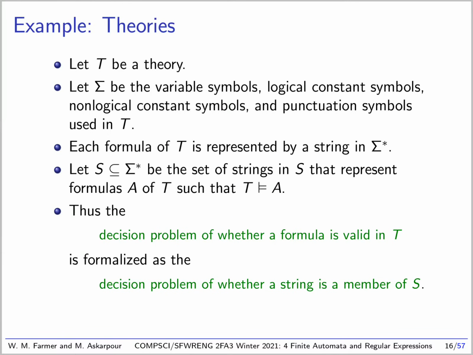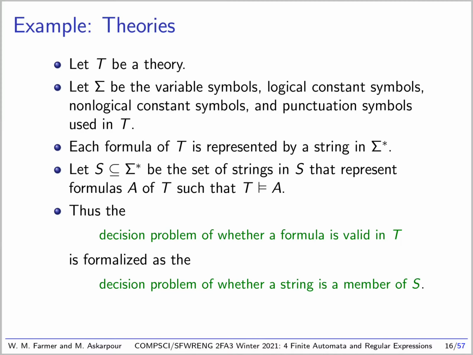For example, assume that we have a theory defined in a logic language which has a certain signature and alphabet, and we want to see if certain formulae are valid in this theory. We reformulate the problem as a decision problem over strings.